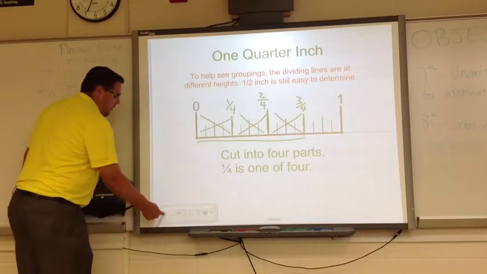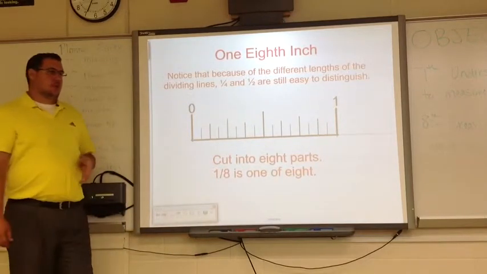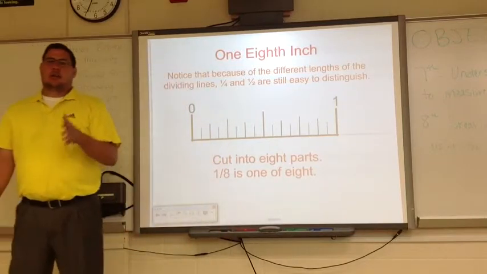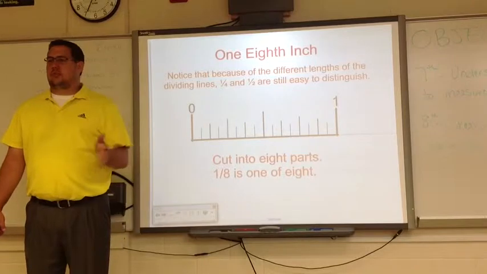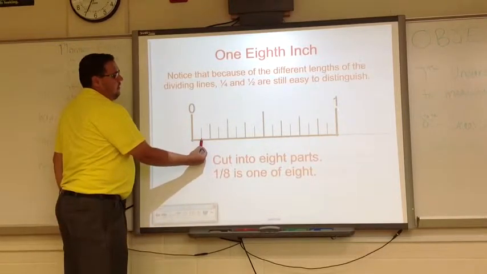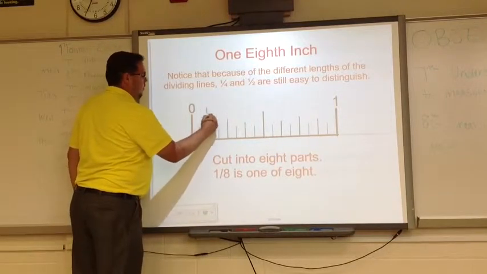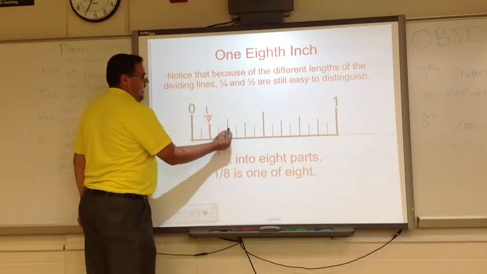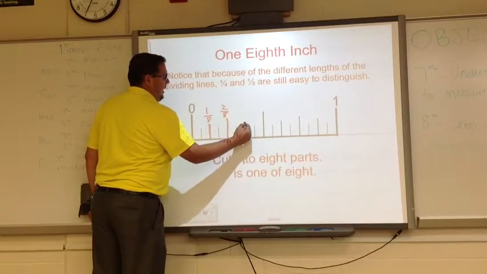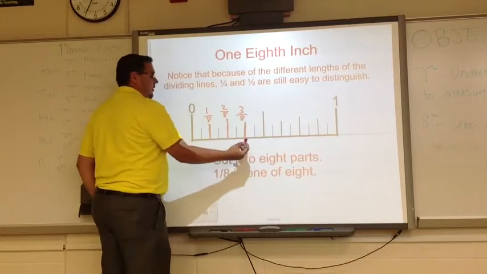After that one, we divide it up into 8 equal parts, 1/8. To do this, we skip a line, we count a line. We skip a line, we count a line. So I'm going to skip, count, which is what? 1/8. Skip, count. 2, 2/8. Skip, count, 3/8. Now this is what I want you guys to do on your notes.